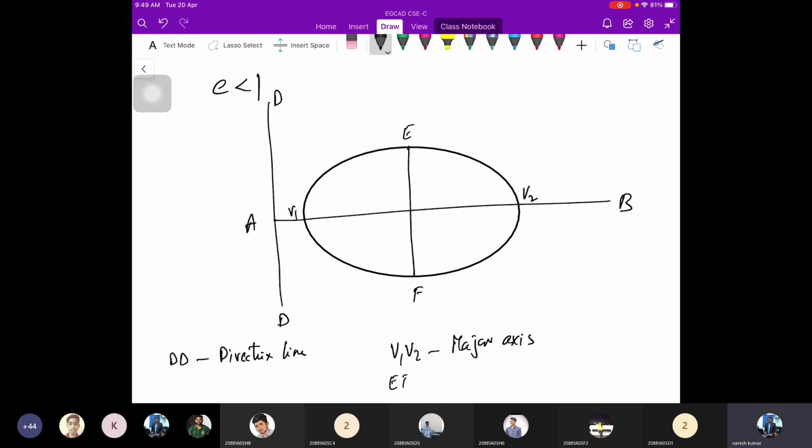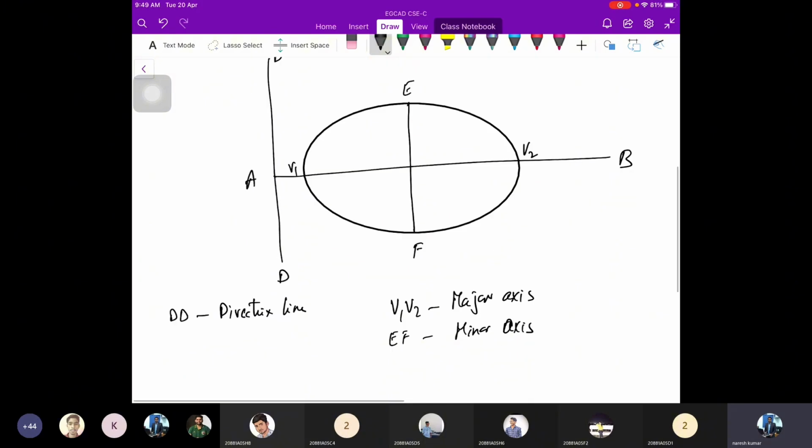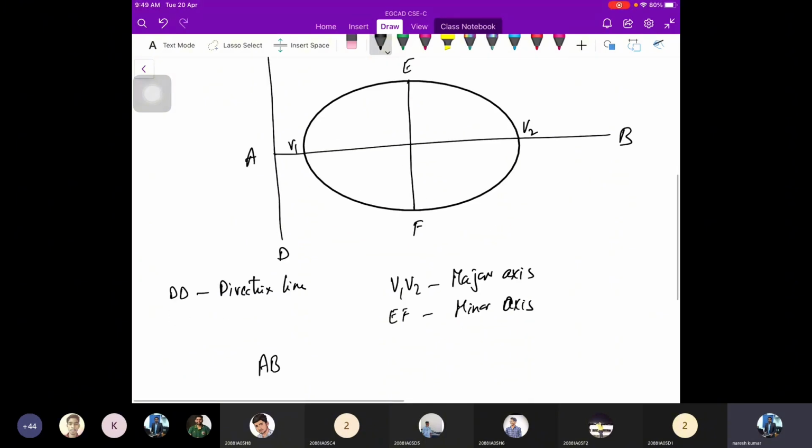EF is the minor axis. AB is the principal axis, and DD is the directrix.